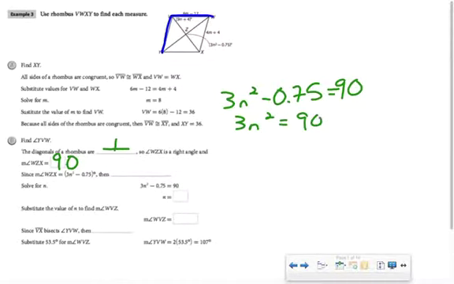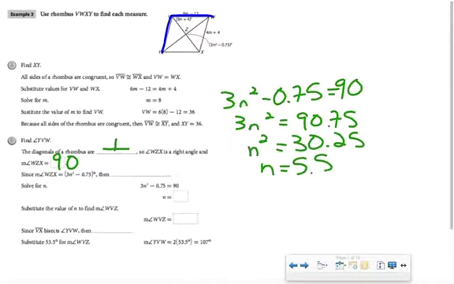So if 3n squared minus 0.75 equals that 90 degrees, now let's solve for n. So 3n squared equals 90.75. When I add the 0.75 to both sides, I divide both sides by 3 to get n squared by itself. And 90.75 divided by 3 is 30.25. And when I take the square root of that, n is 5.5.